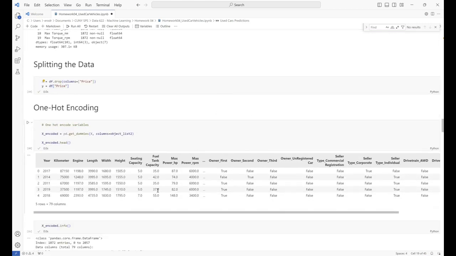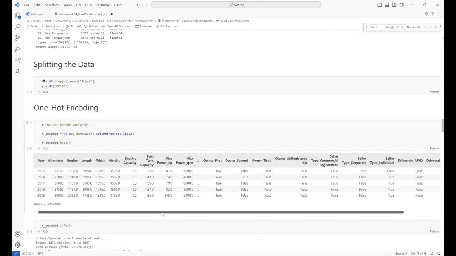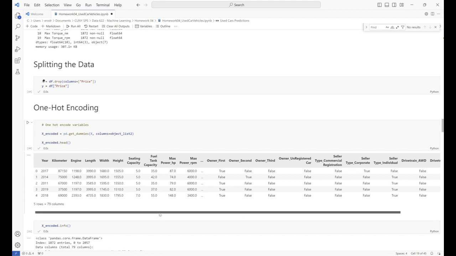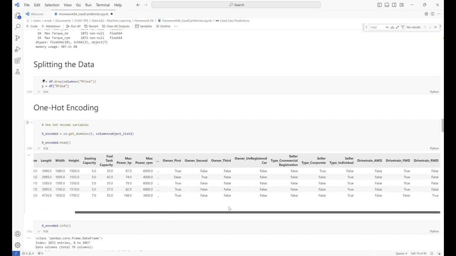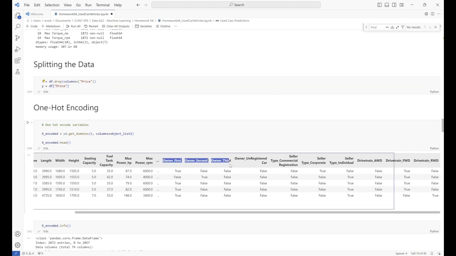Okay, and this is what I was speaking to a little bit earlier. Because of the Python packages that we're using, they're set up to take Boolean values. For example, in this original column, the original column was owner, and it identified whether it was one owner prior to being sold, a second owner, two owners, or three owners.